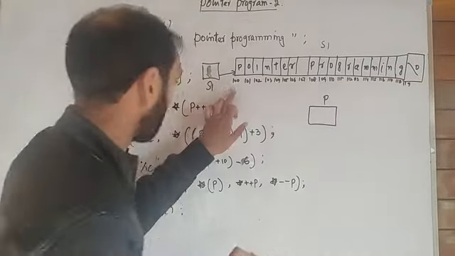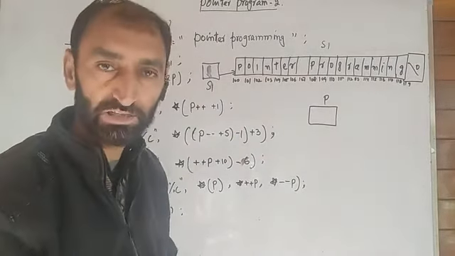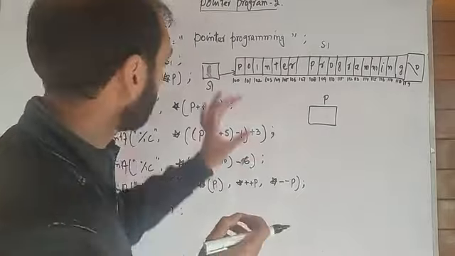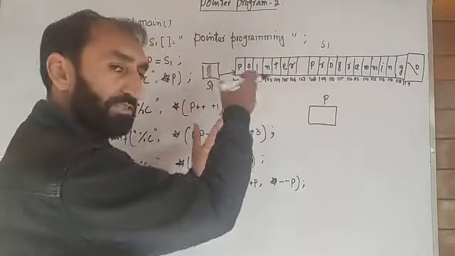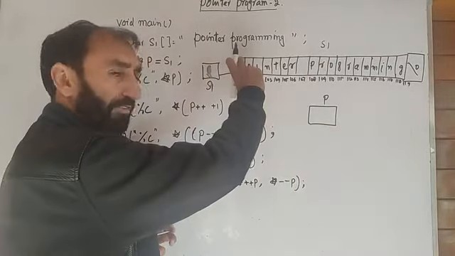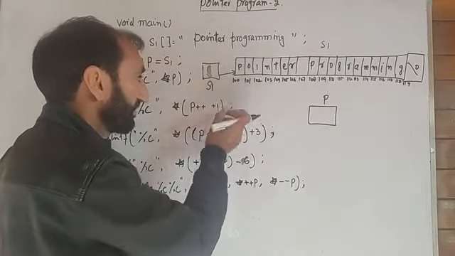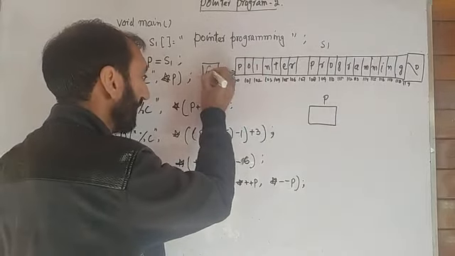These are the addresses. Actually, addresses are in hexadecimal format, but here we assume these are the addresses. Suppose 100 is the base address of this array, that is the address of the first element. That is going to be stored in S1.